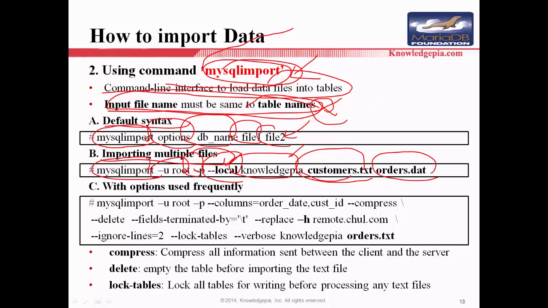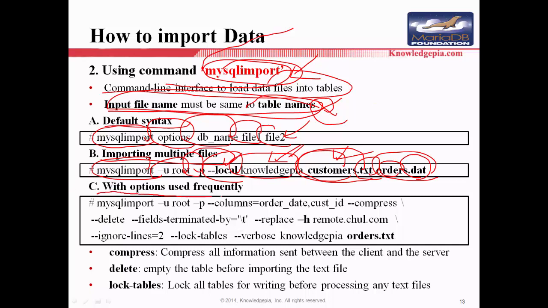Here customers and orders are the names of tables in this database, and for the file extension to insert this kind of data, we have to use txt or dat, not others.